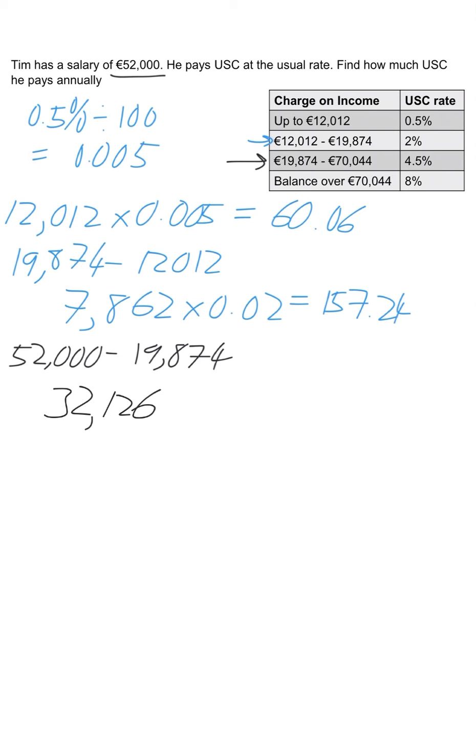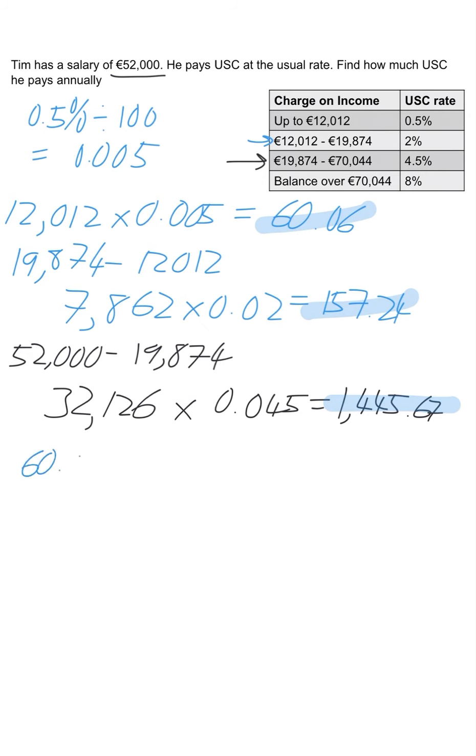So then that's at a USC rate of 4.5%. So 4.5% as a decimal will be 0.045. So multiplying that gets me €1,445.67.